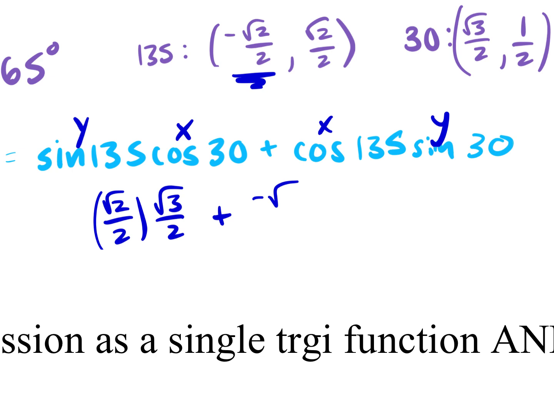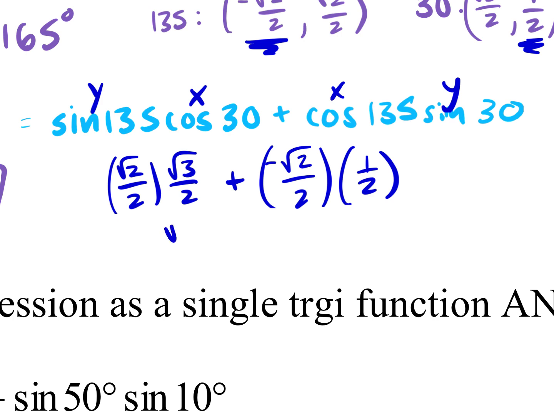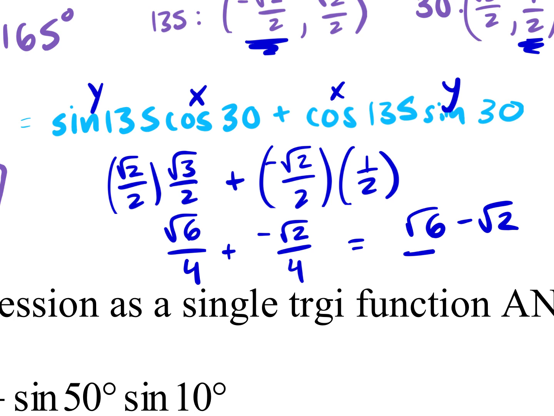So negative square root 2 over 2. And sine of 30 would be the y value, so 1/2. Then we just got to multiply them together. So this would be square root 6 over 4 plus negative square root 2 over 4. So it'd be square root 6 minus square root 2 over 4.